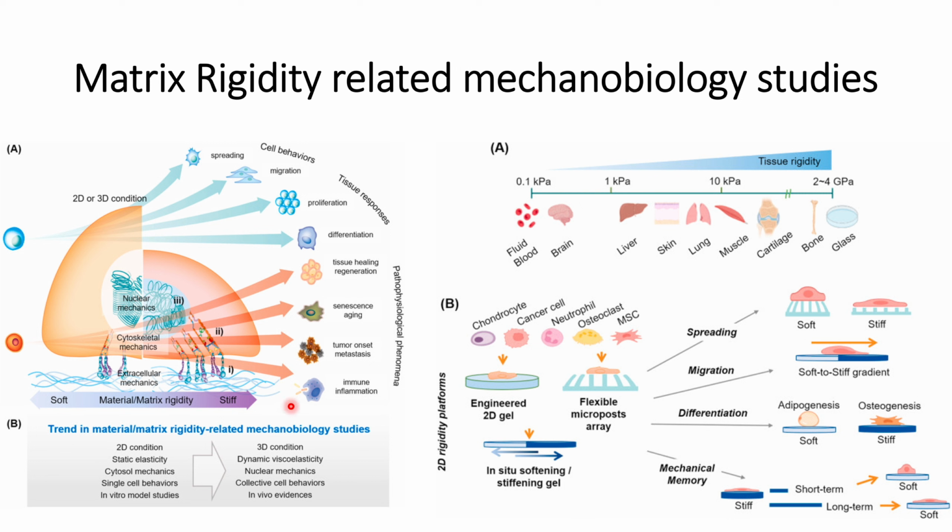So it's a good idea to study collective cell behavior, and these results can be verified using in vivo studies such as in mouse models or humanized mouse models. So this is just a basic overview.